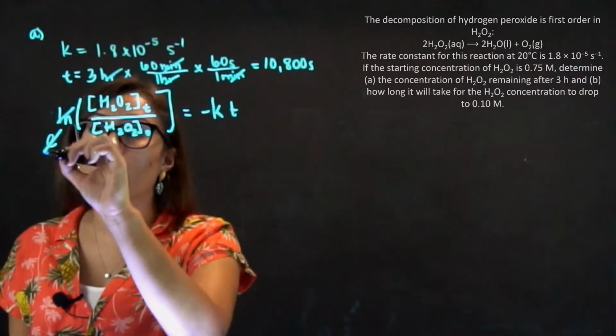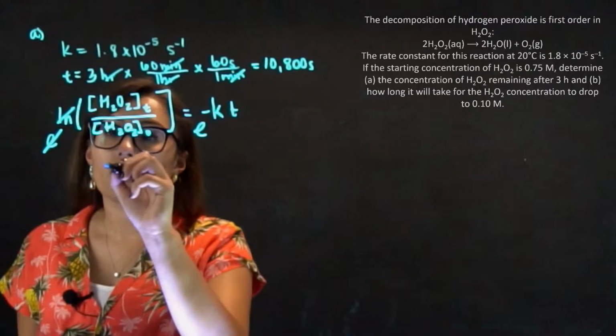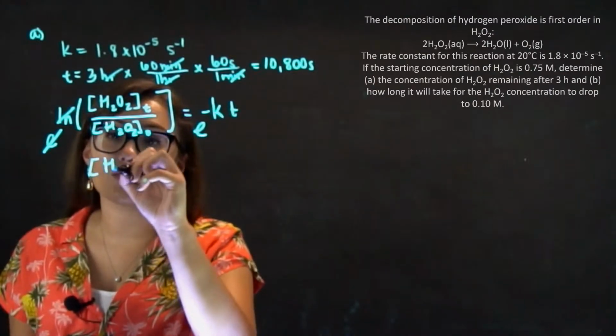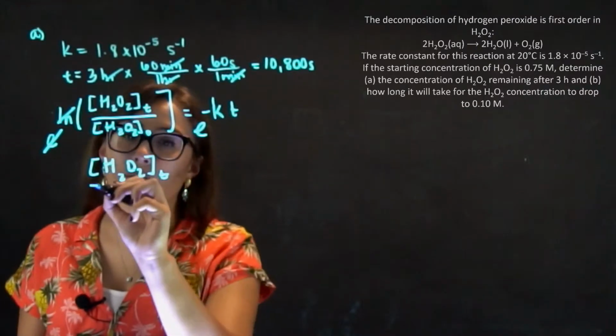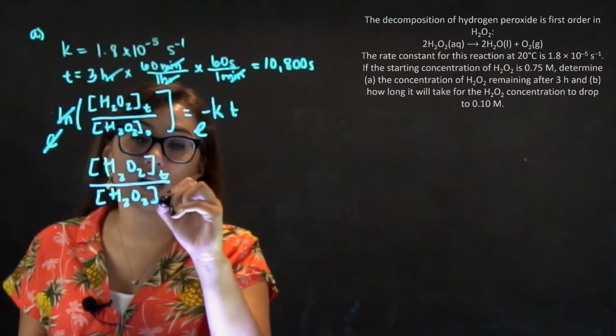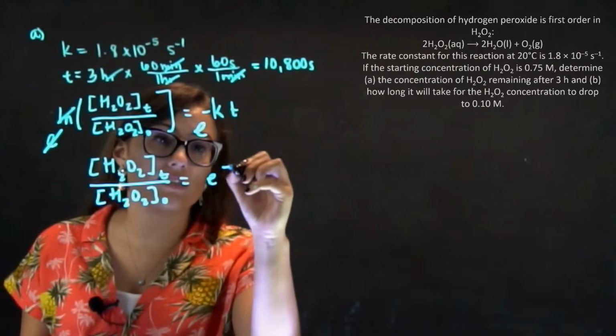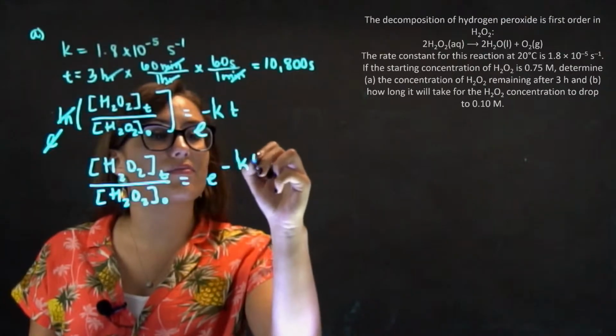So in order to get rid of the natural log, we put everything to e. And so this then simplifies down to the concentration of hydrogen peroxide at some elapsed time over the concentration of hydrogen peroxide of the initial concentration is equal to e to the negative kt.